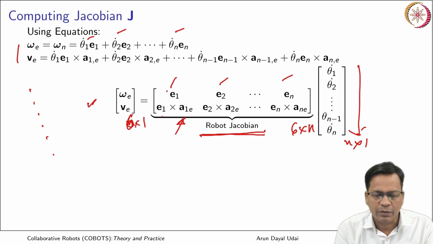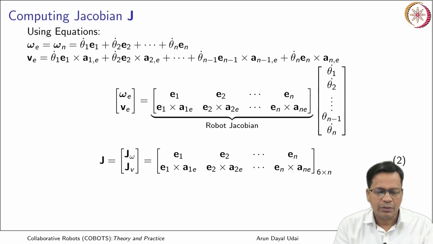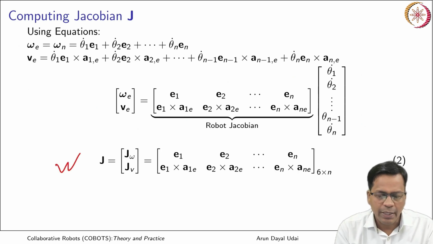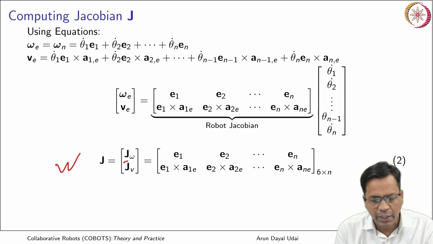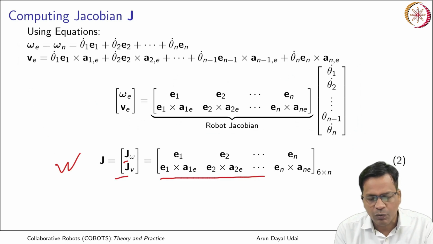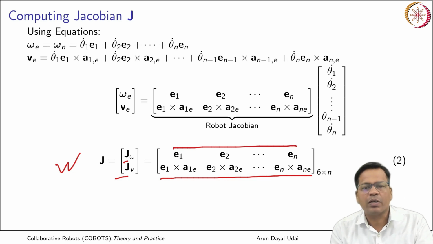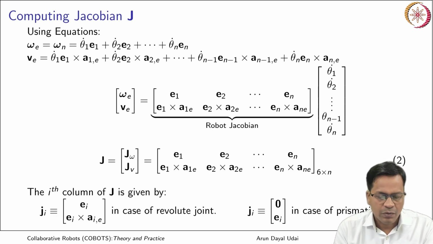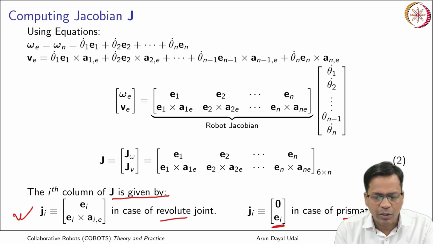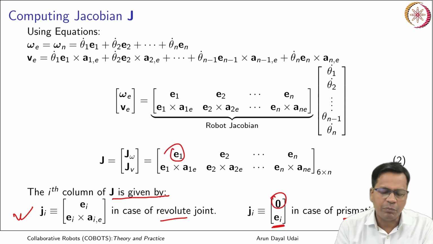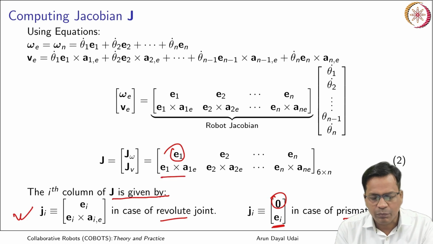So this is your Jacobian, and it has basically two components, J omega and Jv. This is responsible for linear velocity. The upper row is responsible for angular velocity. Got it? So the column of J in case of revolute joint is like this. In case of prismatic joint, because there is no angular velocity, this goes to 0, and you have linear velocity same as that of the previous link. So that makes this as EI.